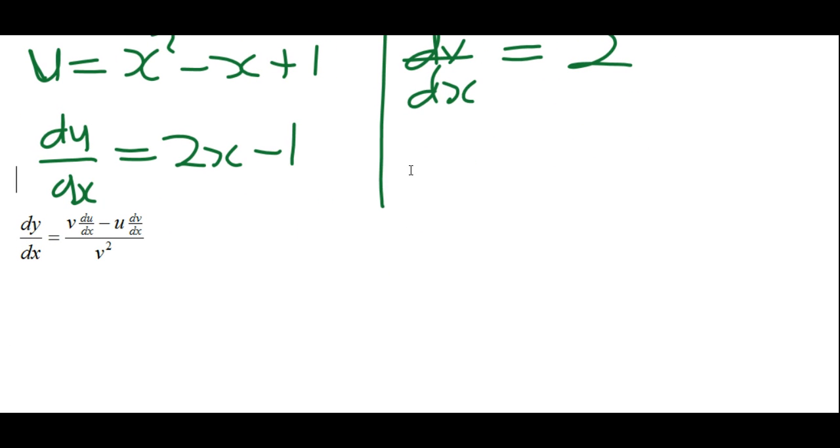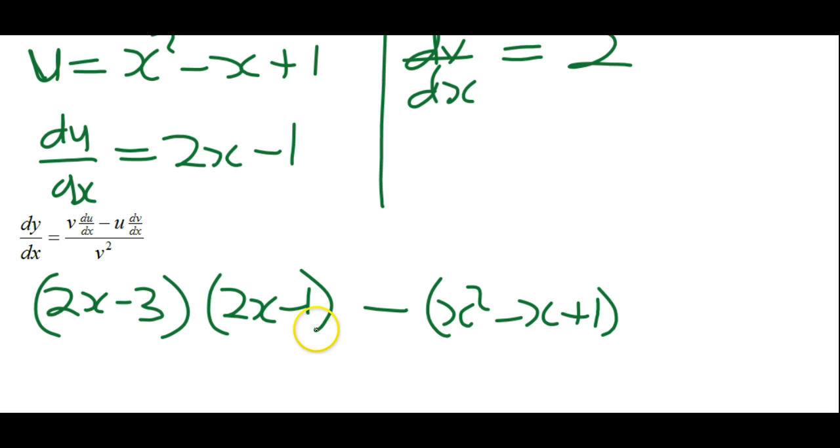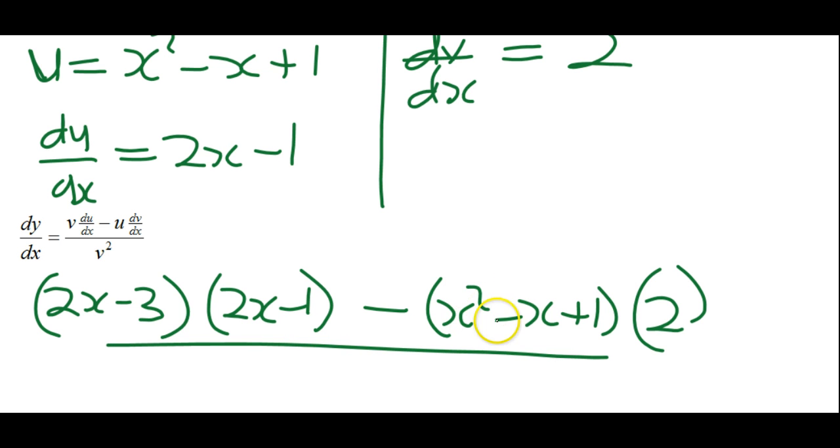So that will be 2x minus 3 times the differential of u, 2x minus 1, minus the u, x squared minus x plus 1, times the differential of that, all divided by the v, which is 2x minus 3 all squared.